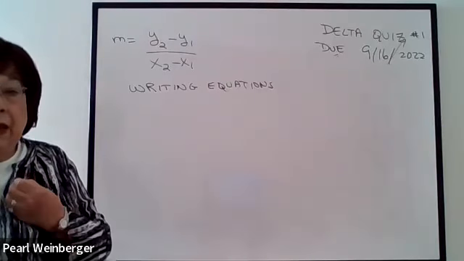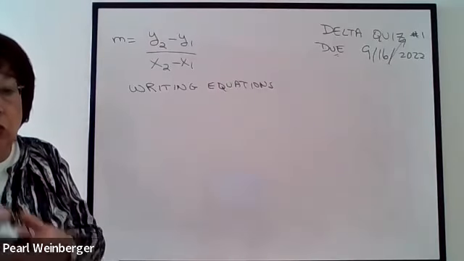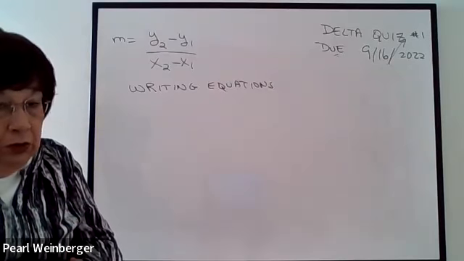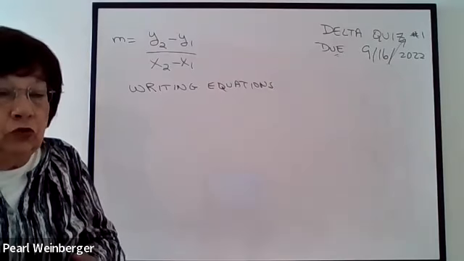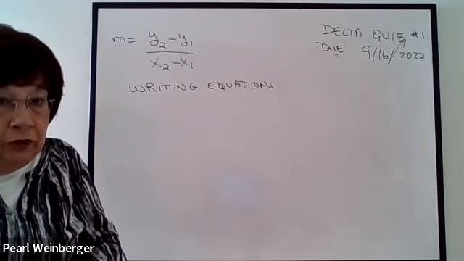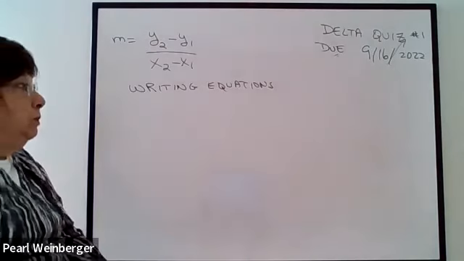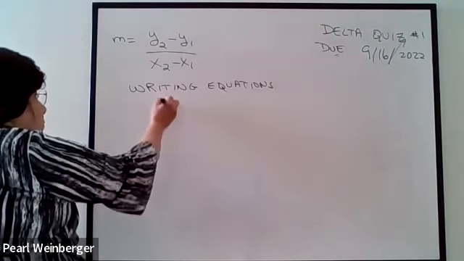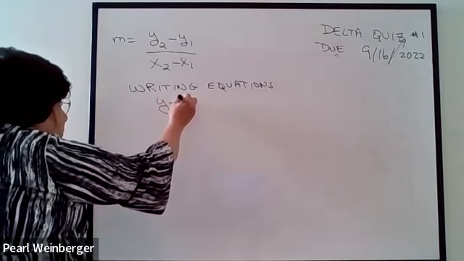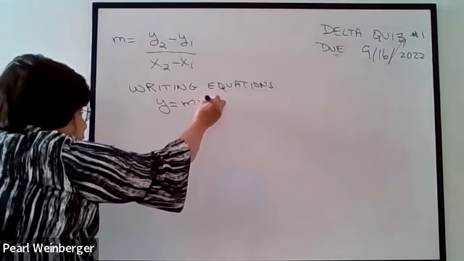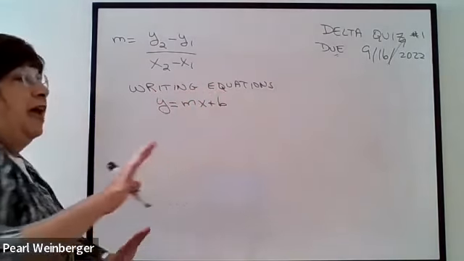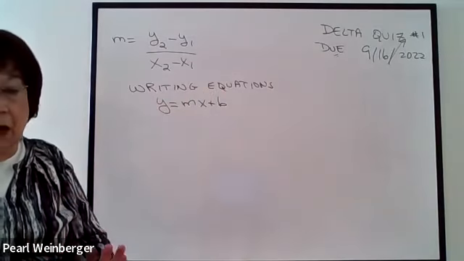Now we're going backwards. I'm going to describe a line to you, and I'm going to ask you what is the equation of the line, which means that we're going to want to write the y equals mx plus b form of that for that line.